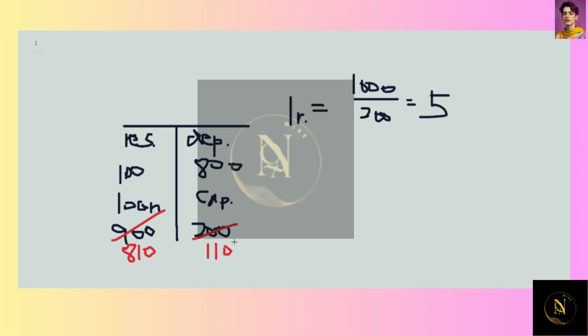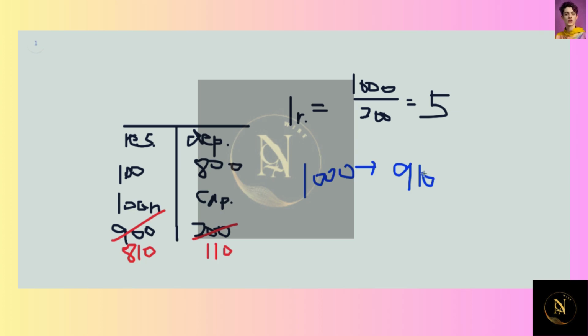Okay, then D, by what percentage do the bank's total assets decline? By what percentage does the bank's capital decline? Which change is larger? We can see that the total assets go from 1,000 to now only 910.